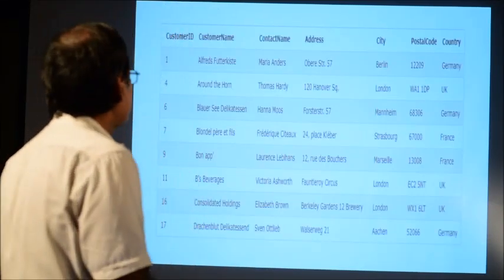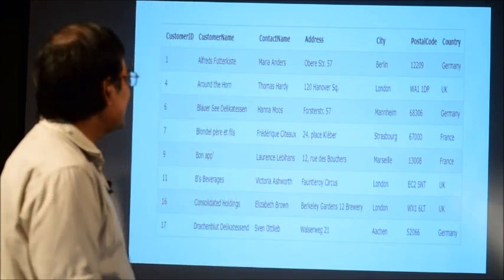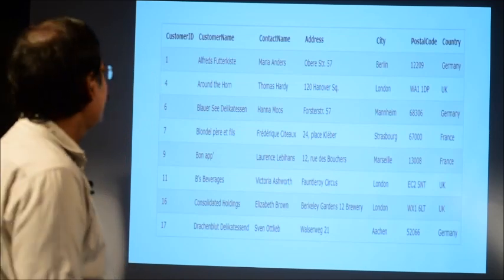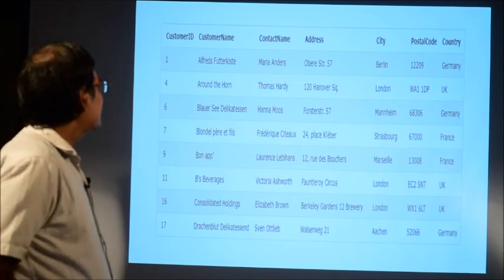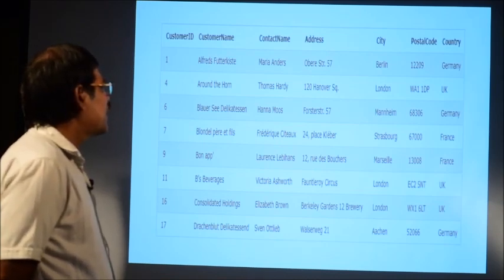Look at this customer table and the result. The customer table has different fields: customer ID, customer name, contact name, address, city, postal code, country.